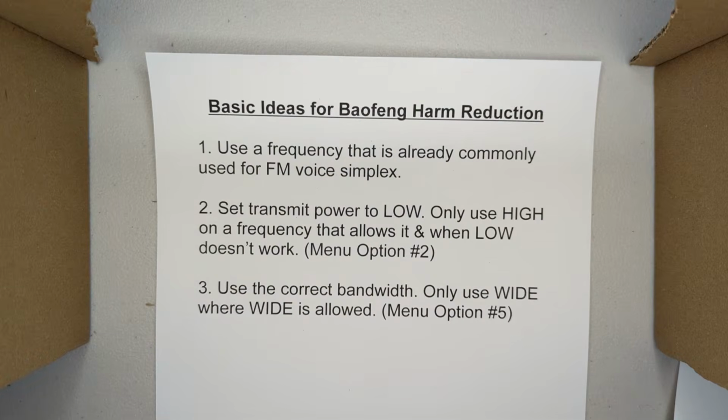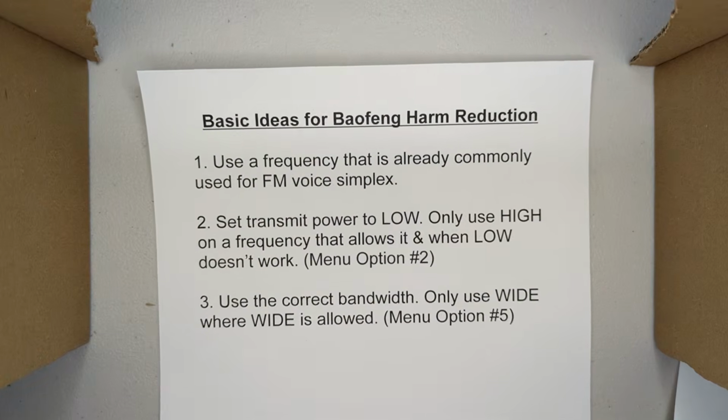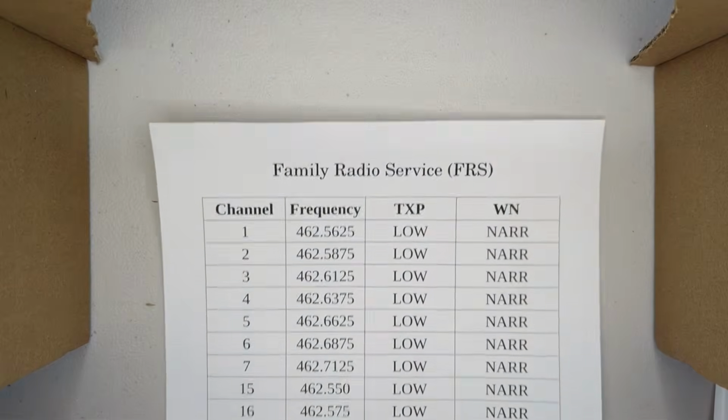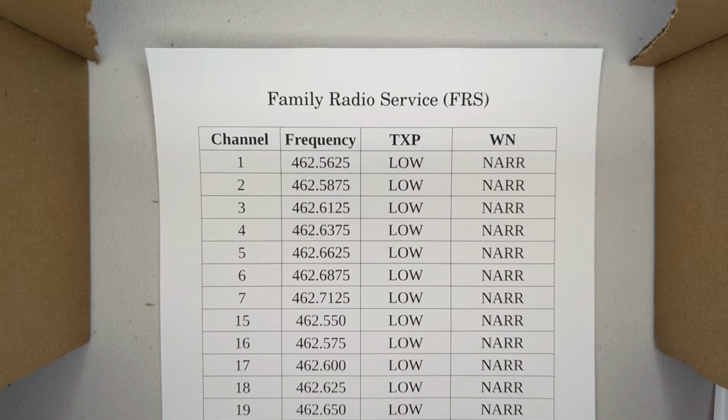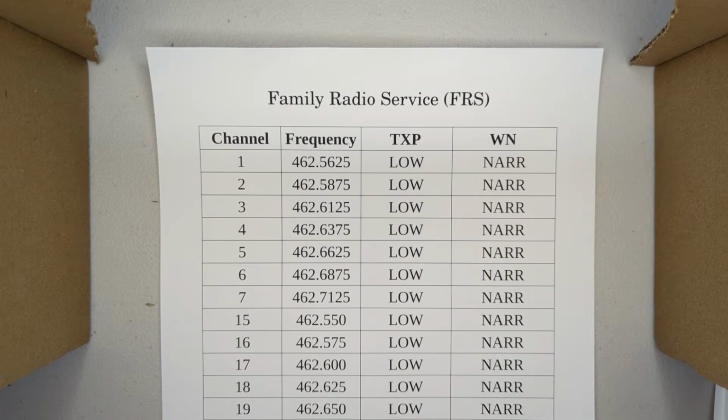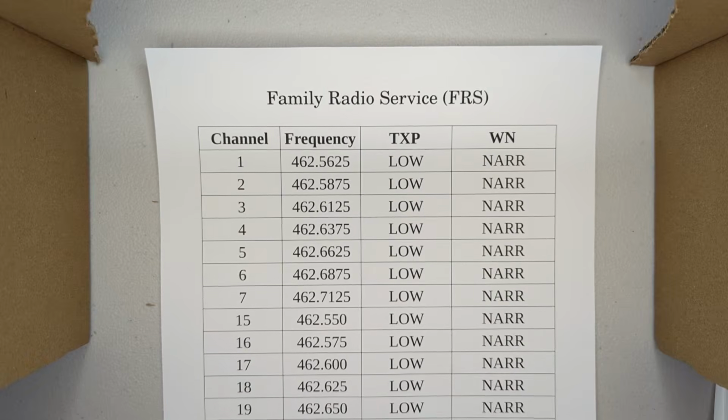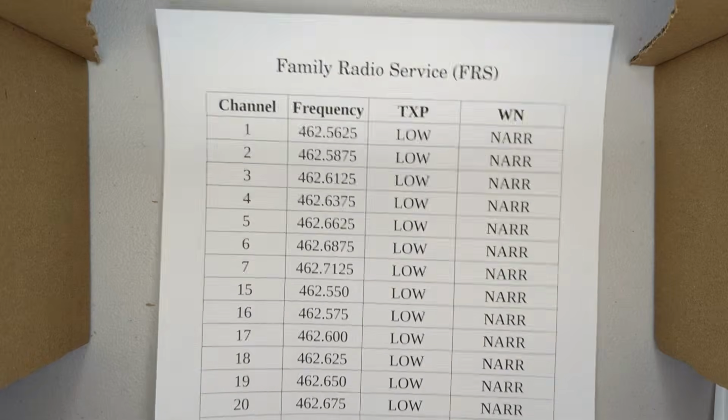So let's talk about some FM voice simplex frequencies. The first set of frequencies we can look at belong to FRS, the Family Radio Service. This is a channelized radio service used by handheld walkie-talkies. They're usually the walkie-talkies you see at sporting goods stores that are sold in pairs in blister packs. There are 22 channels.